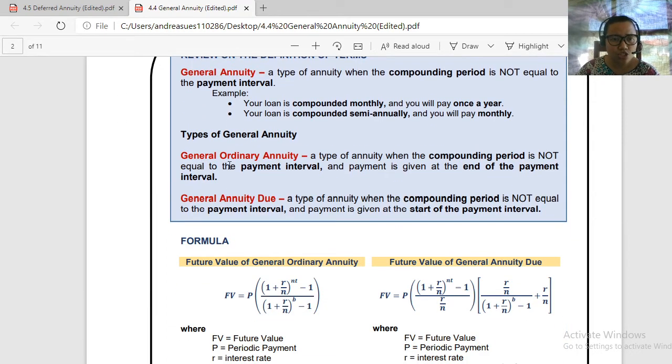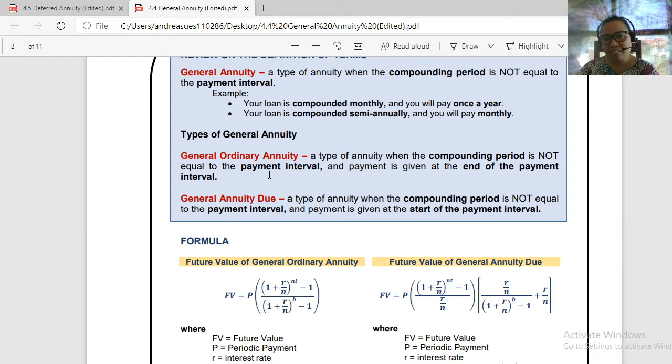The first one is general ordinary annuity, a type of annuity when the compounding period is not equal to the payment interval and payment is given at the end of the payment interval. Next, general annuity due, a type of annuity when the compounding period is not equal to the payment interval and payment is given at the start of the payment interval.